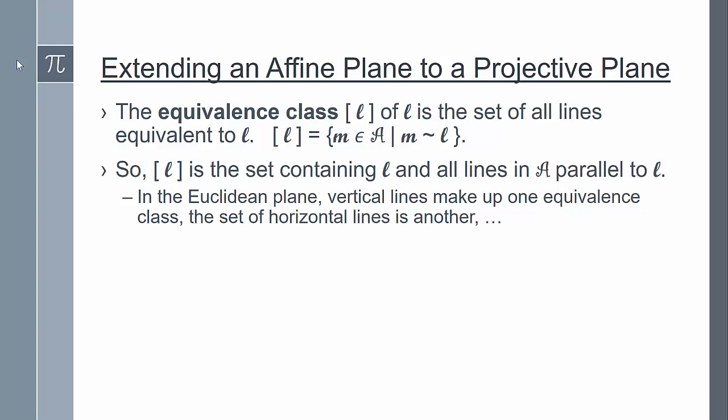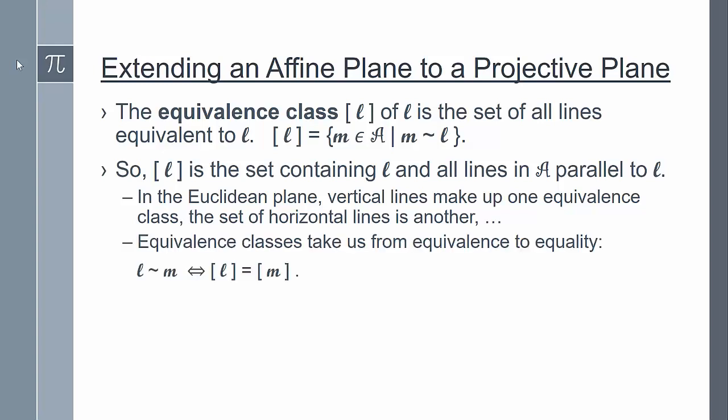For example, the set of all vertical lines would make one equivalence class. Similarly, the set of all horizontal lines would be an equivalence class. You could define an equivalence class of all lines that have slope 1 or all lines with slope 2 and so on. So these are all parallel classes in the standard Euclidean model of an affine plane.